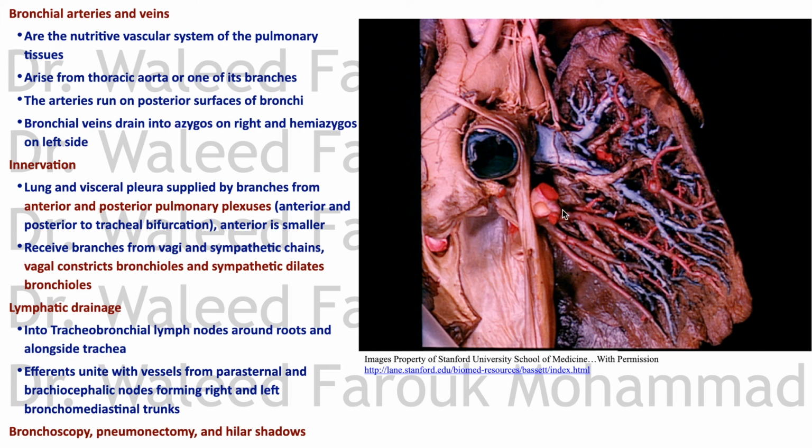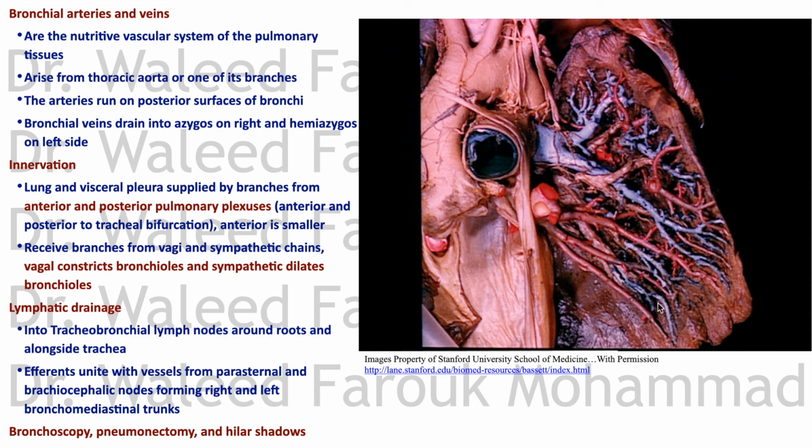Vagal stimulation constricts the bronchioles, while the sympathetic dilates the bronchioles. Bronchioles are the last part that has cartilage in the bronchial tree. Then you get the respiratory bronchioles and alveolar ducts, then alveolar sacs and alveoli. This is the bronchial tree.